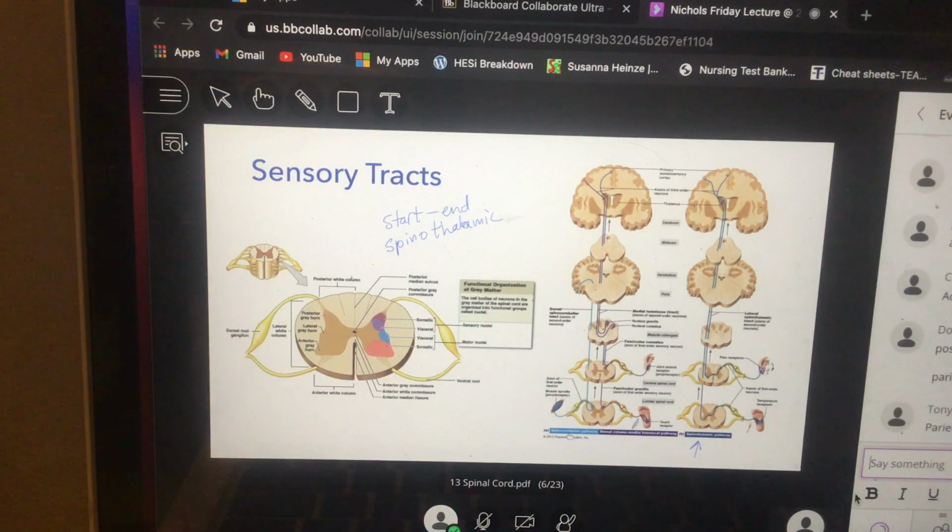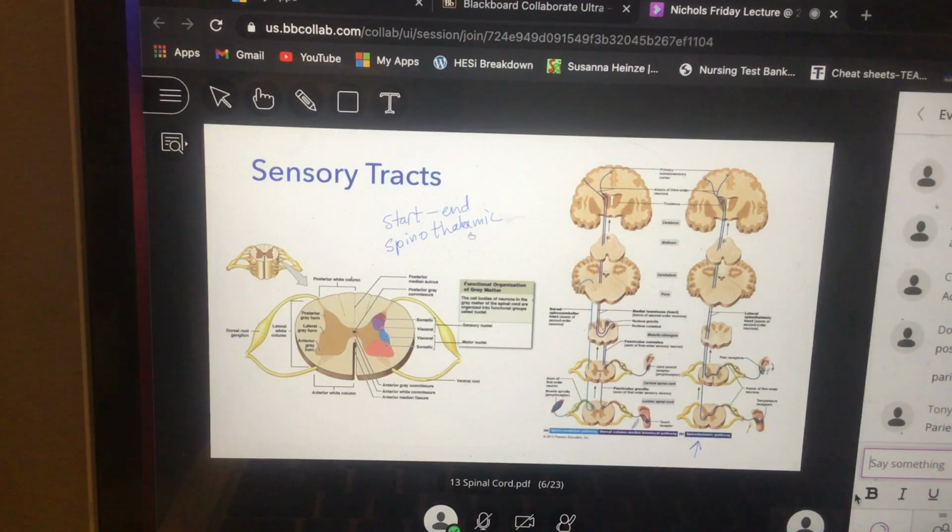And they'll give you a bunch of names, but you're going to pick spinothalamic. All right. So these names look big and complicated, but we're going to focus on asking you about the ones that have clear start and end points in their names. Okay.